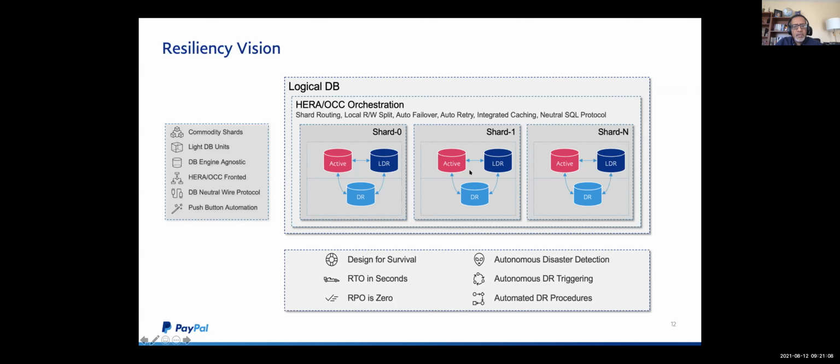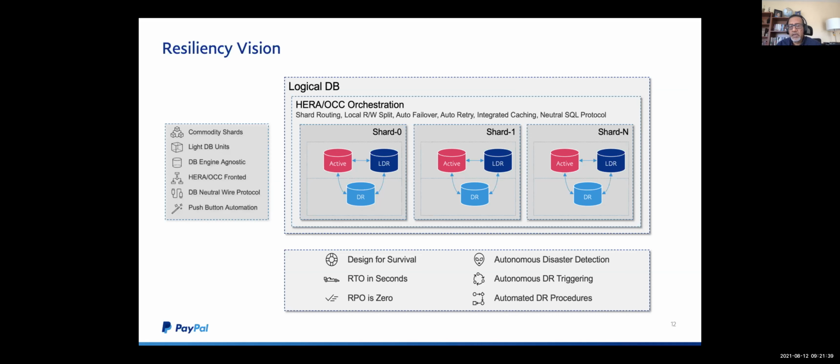So with this, what is our end goal? We design for survival, right? You'll see that we have this active, LDR and DR loop. Our recovery time objective is in seconds, not in minutes, right? Because we talked about the availability that we needed to have. Recovery point objective is 0. We want to make sure that we don't lose any data during these cutovers or failovers, right? Autonomous disaster detection.